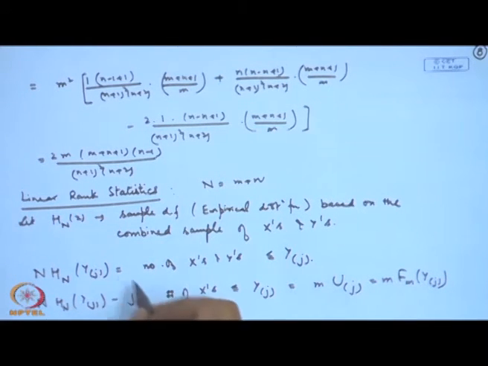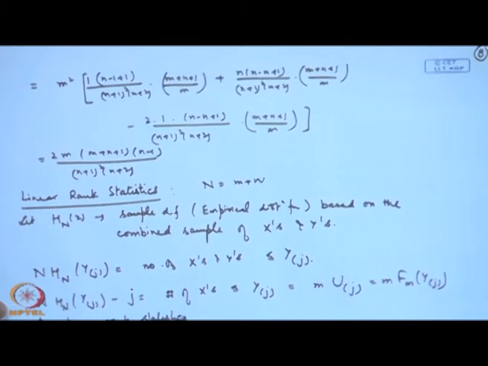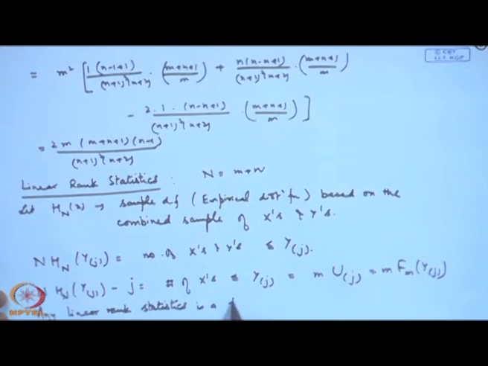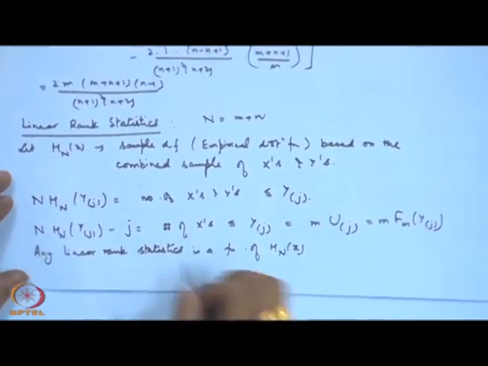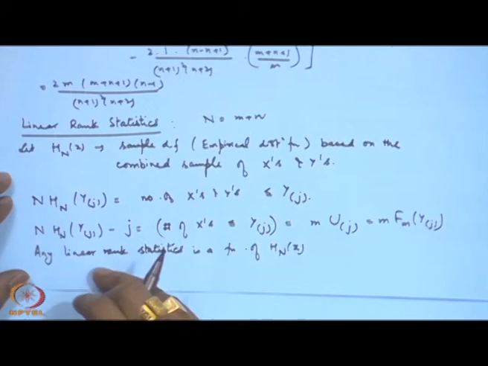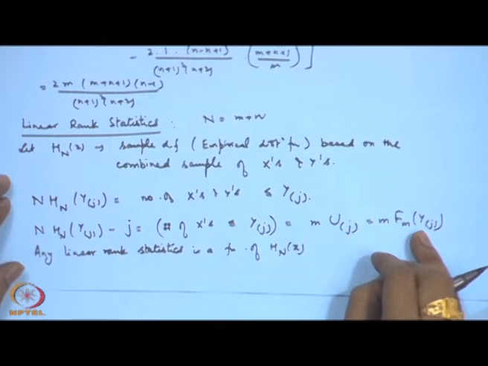So, I have established a relationship between the empirical distribution of the first sample and the empirical distribution function of the combined sample in terms of the value of y_j. So, in general we say that any linear rank statistic is a function of H_N(x). In other words, it is also a function of F_m(y_j).